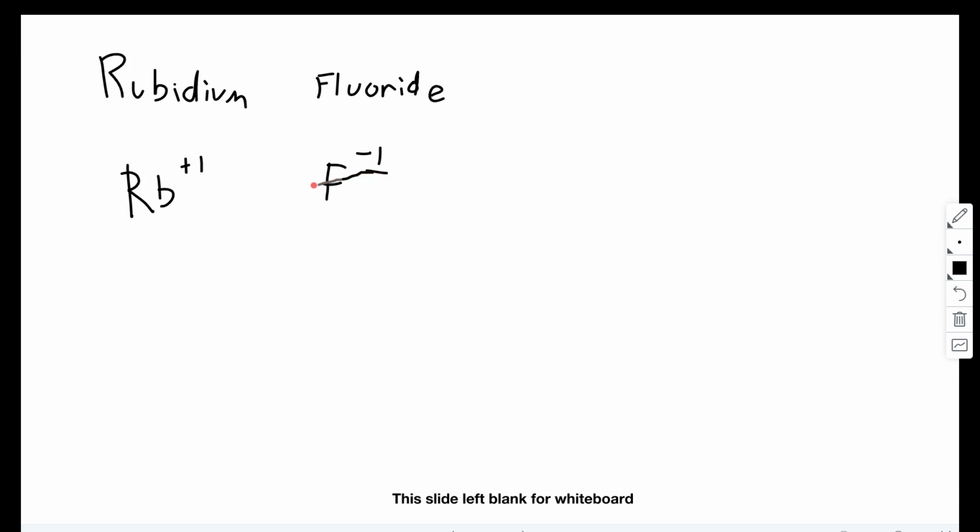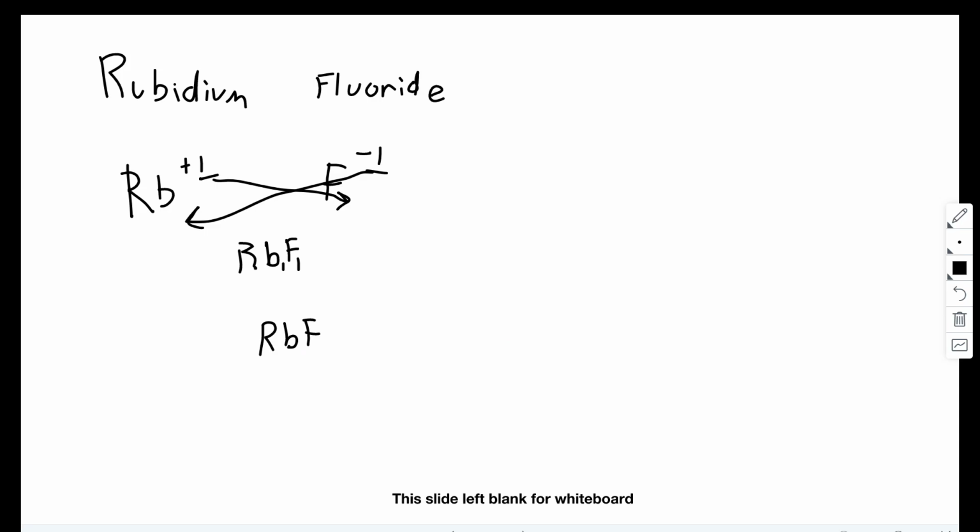We'll take this -1, move it to rubidium. The positive will move to fluorine, and we'll have Rb1F1. Each one of these would have 1 and 1. But chemists have a natural fear of 1, so we're going to get rid of it, and we'll write it as RbF. Alright.